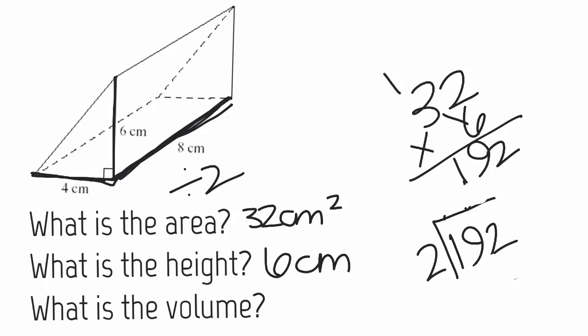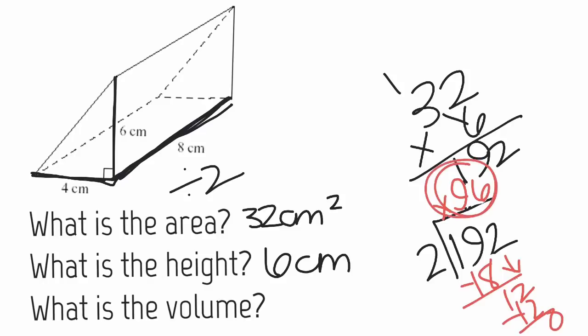Sorry, guys, going too fast, not paying attention. See, even teachers make mistakes. So not into 1. It can go into 19 9 times, which is 18. 1 left over. And then 2 can go into 12 6 times, which is exactly 12. So my volume is 96 centimeters cubed.